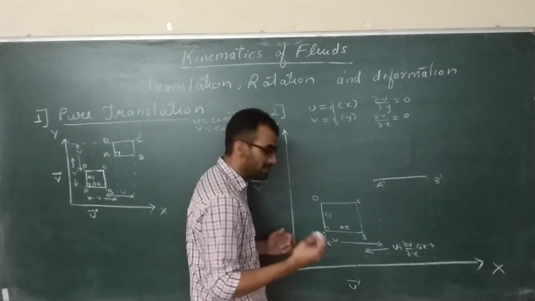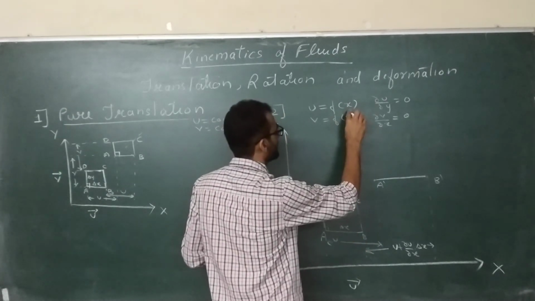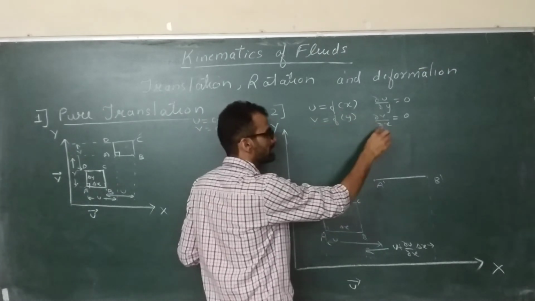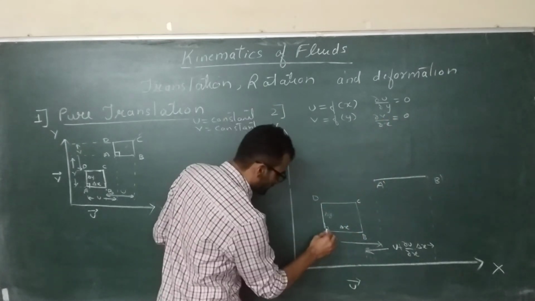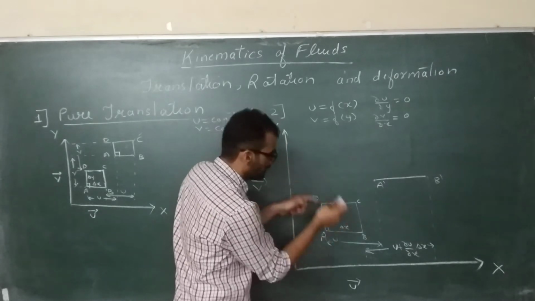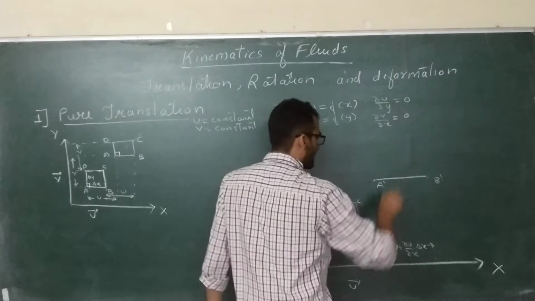It will also be v, because the vertical velocity components are not a function of x. Vertical velocity components are only a function of y. They do not change with x. Del v by del x is 0. So the amount of vertical distance A travels, B will also travel the same distance. So this segment stays parallel.